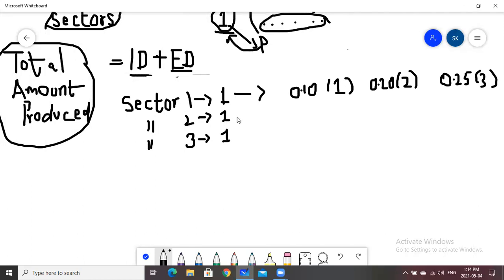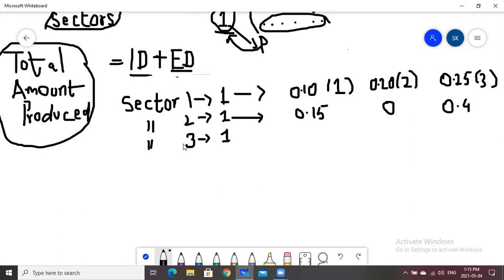To produce 1 unit of product by sector 2, it requires 0.15 units of product 1, 0 units of product 2, and 0.40 units of product 3.